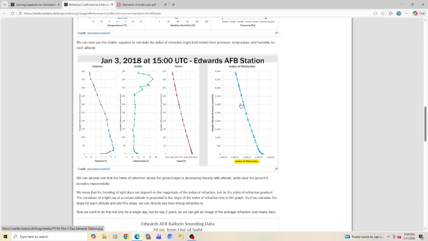This would be the change in index of refraction. And there's really no sense in arguing the change in index of refraction. We know space is 1, and the surface again was 1.0003.